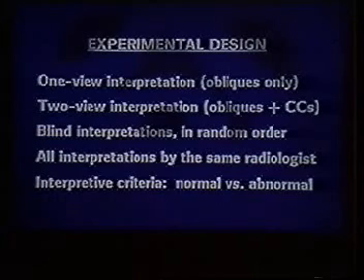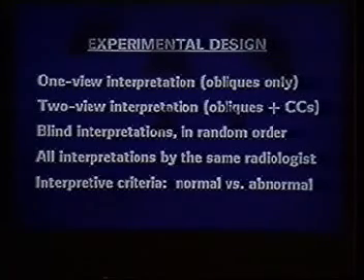Interpretations were done blind, in random order, all by the same radiologist, myself. The interpretive criteria, which are those that are used in rapid throughput screening, are either normal or abnormal. There is no middle ground, just normal or abnormal. Abnormal requires further evaluation. Normal requires no further evaluation.